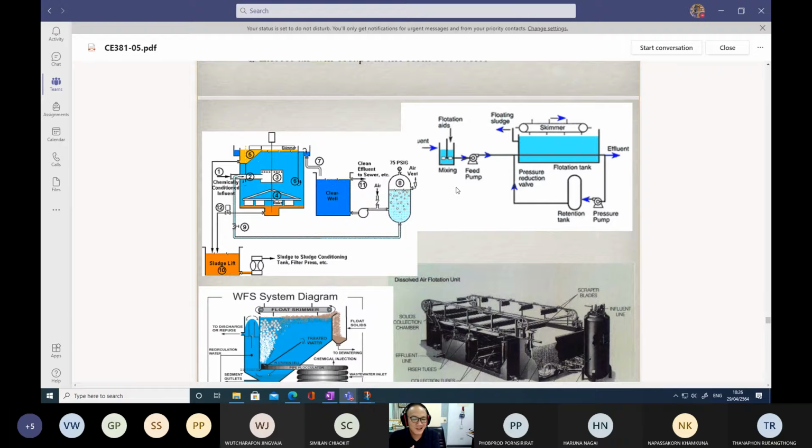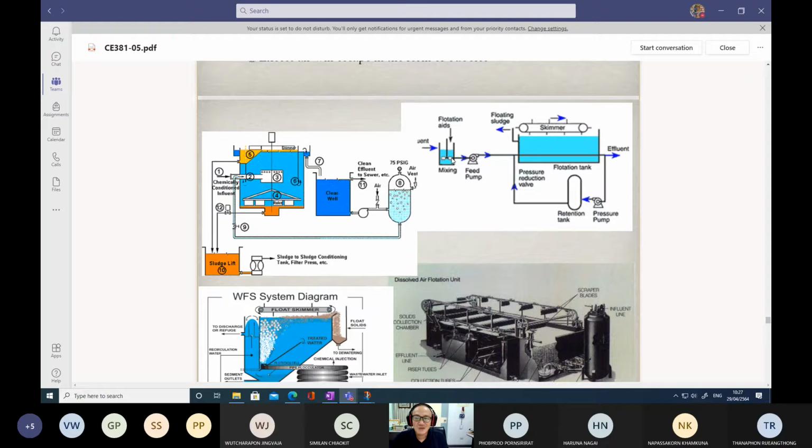They are not the same as the coagulants or the flocculants, but are just some kind of polymers that we use. It depends on the suspended solids characteristics. If the suspended solids have a charge around the surface, in that case the flotation aids could be chemicals with the charge.